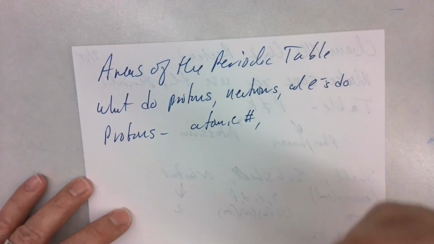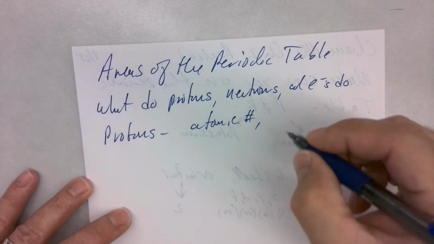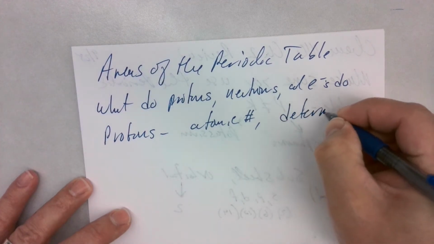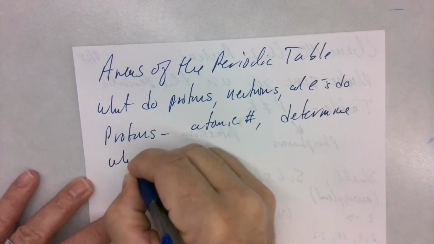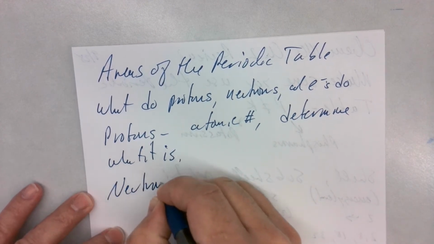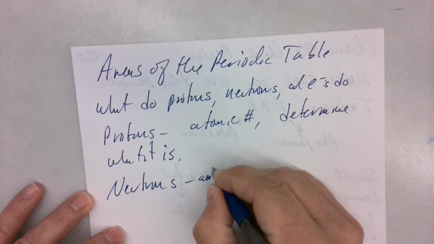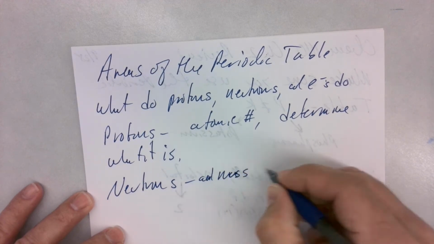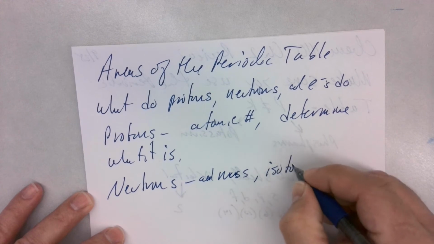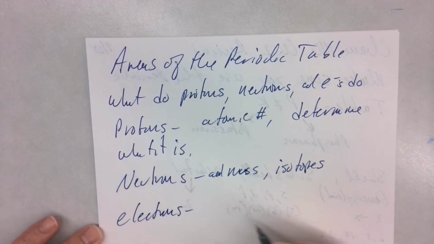But what is the one thing protons do the most? Say out loud and determine what it is. Determine what it is. Neutrons are responsible for what? They add mass. But they also do what? Isotopes, right? And then electrons.